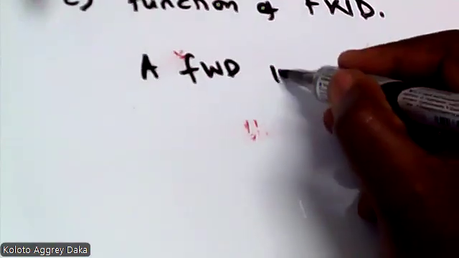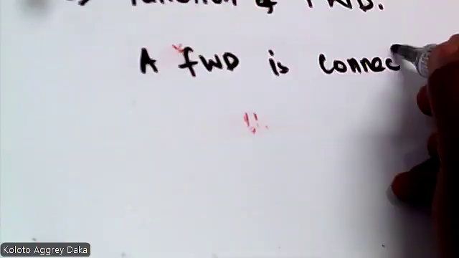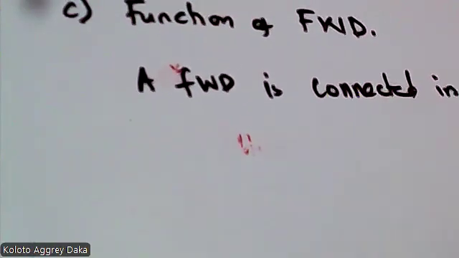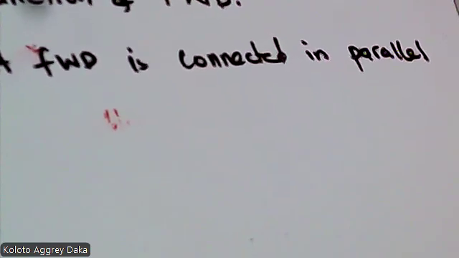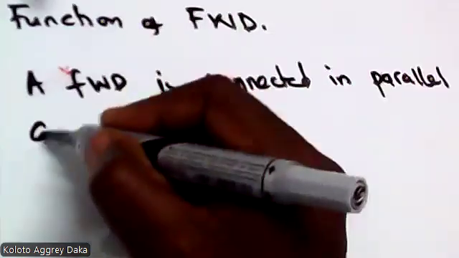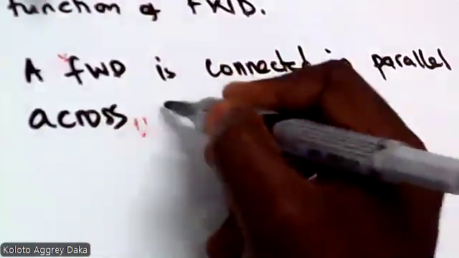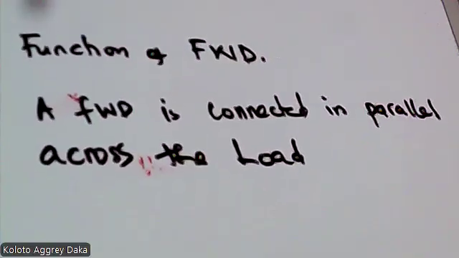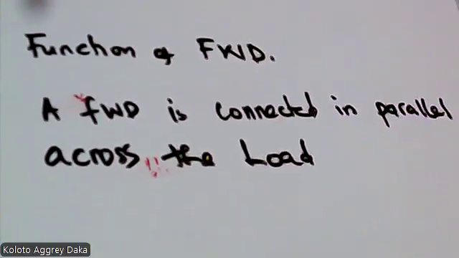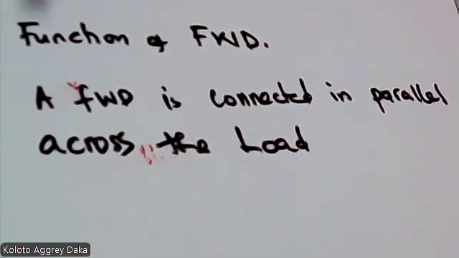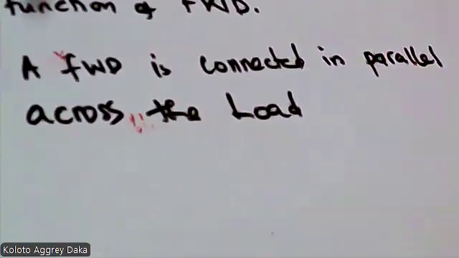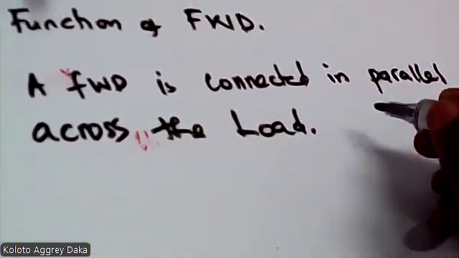A freewheeling diode is connected in parallel across the load. So we have answered the first part, where it is connected. So a freewheeling diode is connected in parallel across the load.